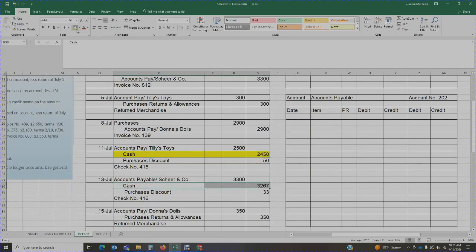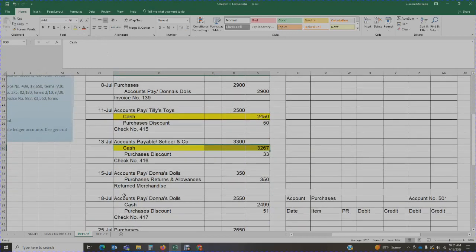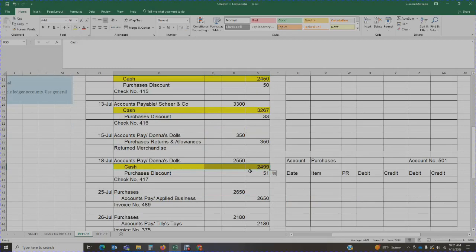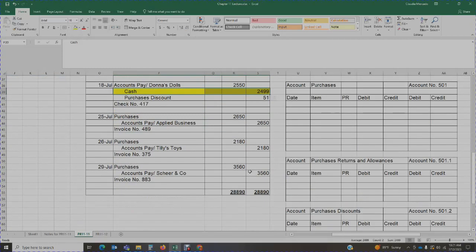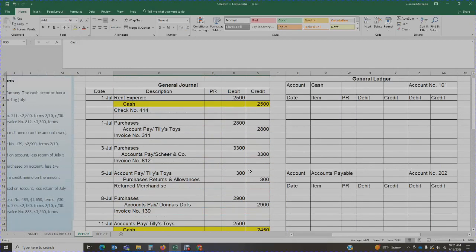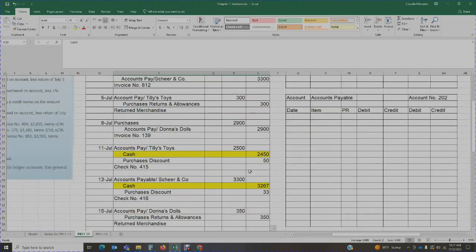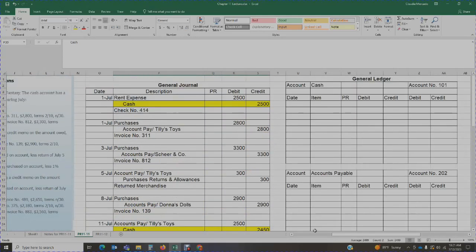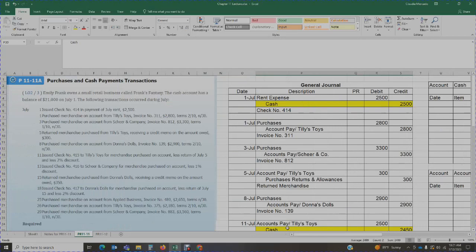So I'm going to highlight them in the same color. And we're only looking at cash. Cash, and that's it. So I've got 4 entries, 1, 2, 3, 4 entries that deal with cash.